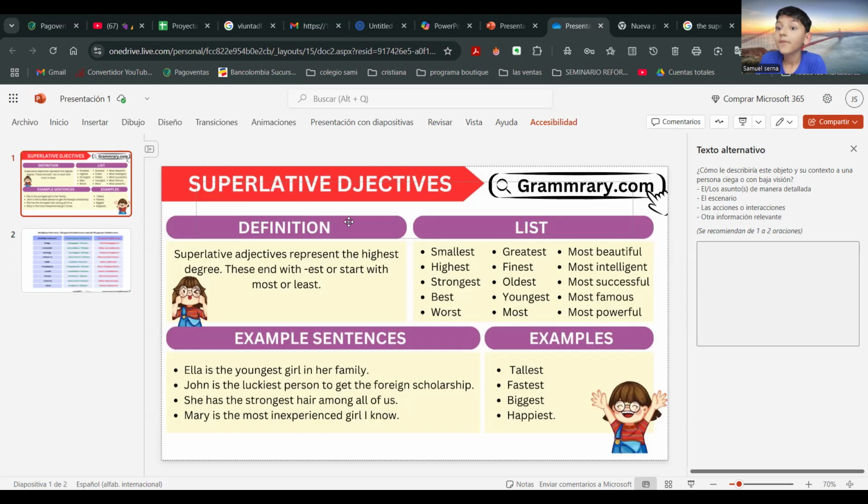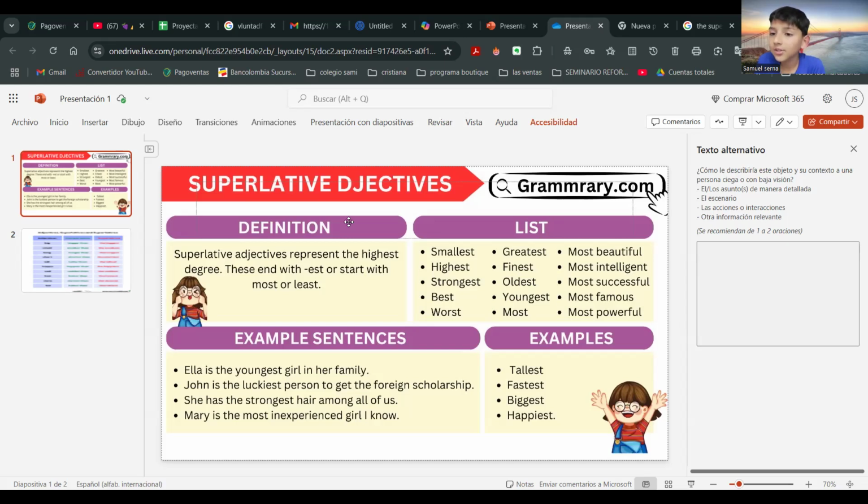I need to say the tallest. I need this word in the superlative adjectives when I use est. The words with est need the, the tallest.